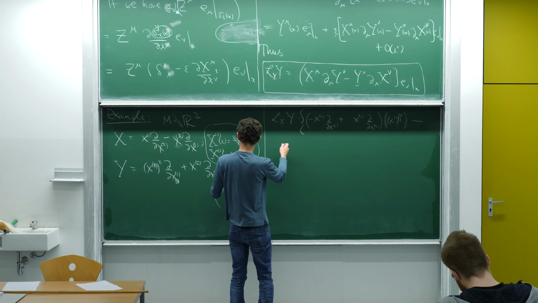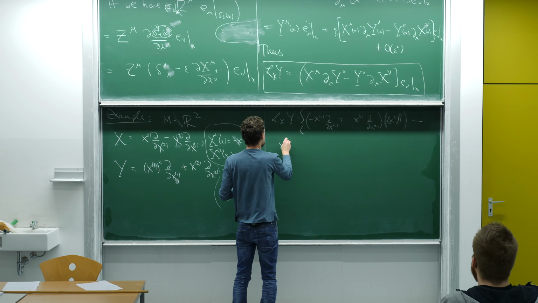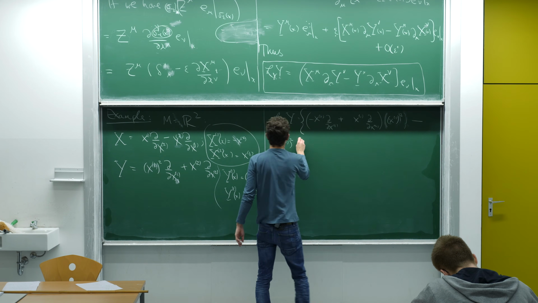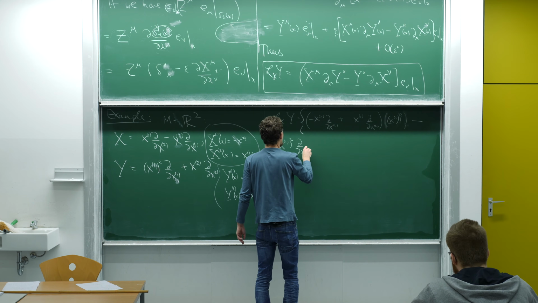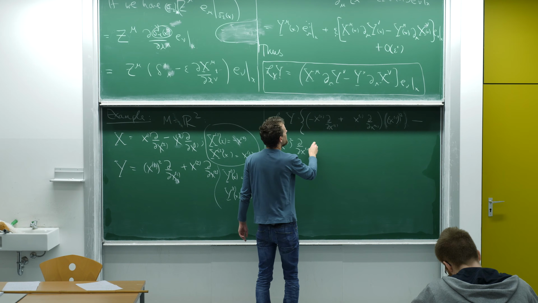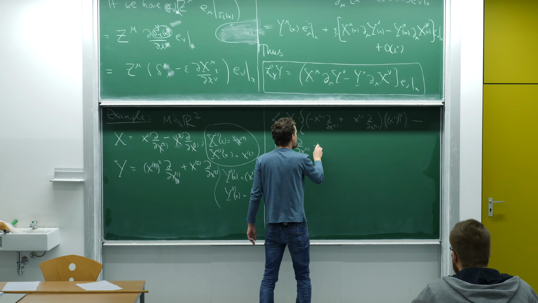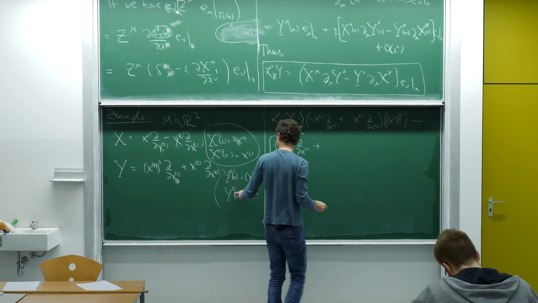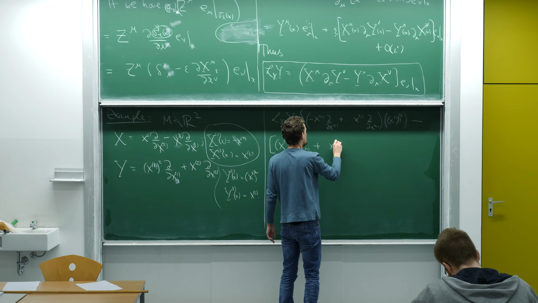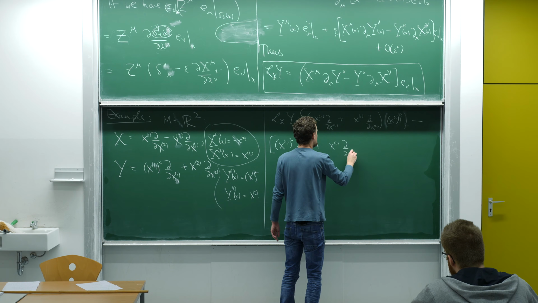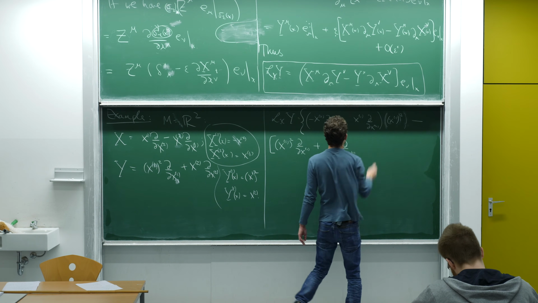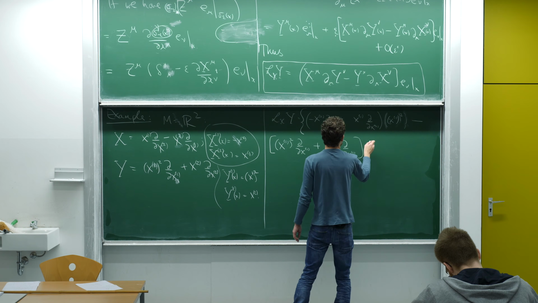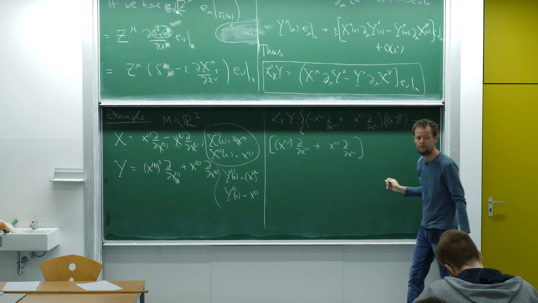So Y^1 is (x1)^2, (x1)^2 ∂_1 plus Y^2, which is x2, ∂_2 applied to all of X^1, if we're working out the coefficient of E1.